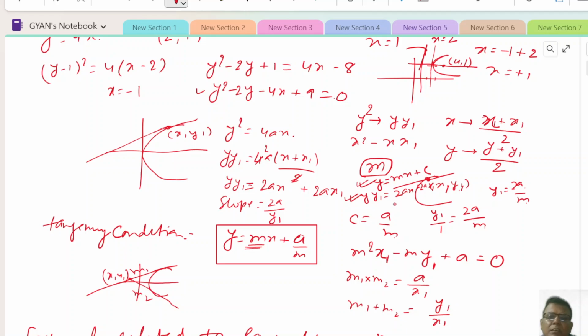And similarly, here c by 2a x1 is equal to m by 2a. So 2a gets cancelled, so x1 is equal to c by m. Cancel. x1 is equal to c by m.